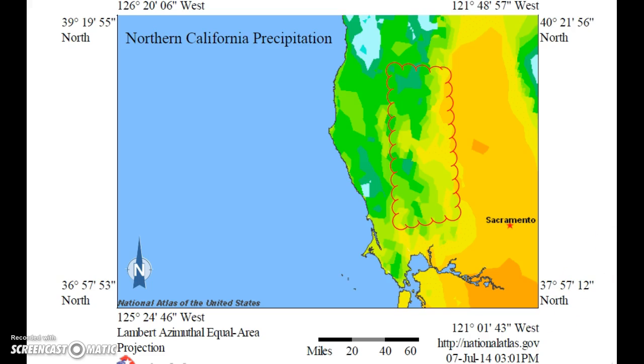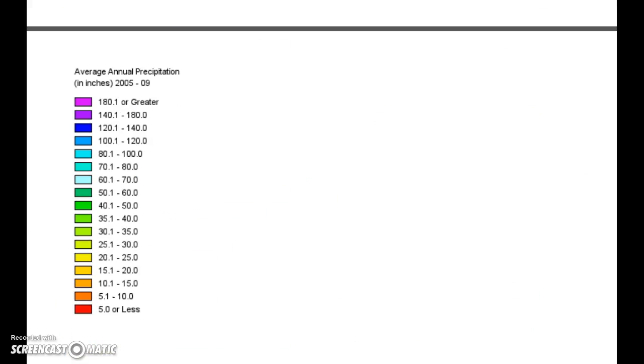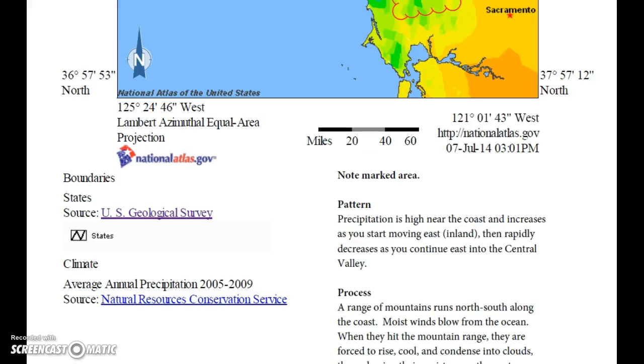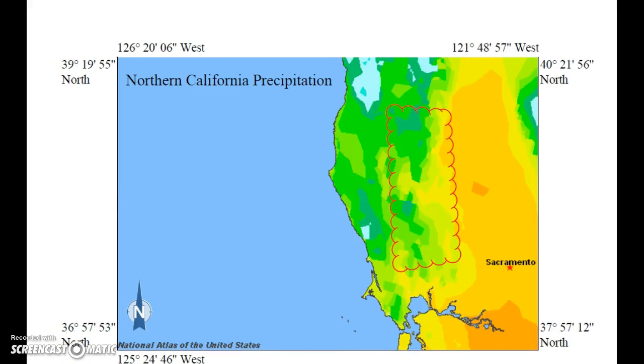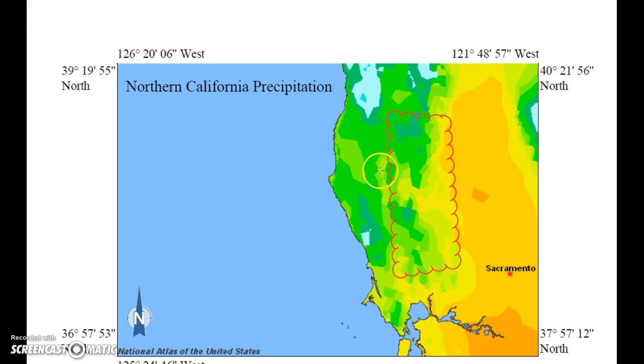Okay, in this map, if we look at the legend, you see that the reddish orange colors mean drier conditions, and the greenish to blue and purple colors mean wetter conditions. I drew a red line around an area that I wanted to focus on to describe a pattern that we see.